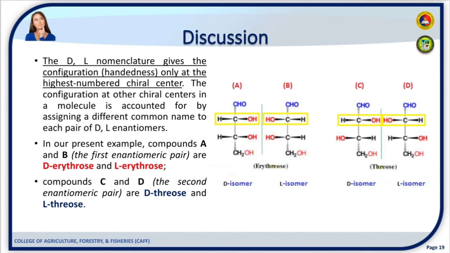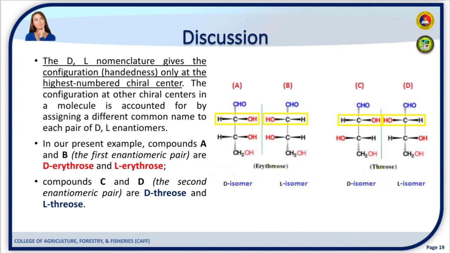In this example, the order of priority of the groups directly bonded to the chiral centers, from lowest to highest, is hydrogen, then CH2OH, followed by CHO, and lastly OH.